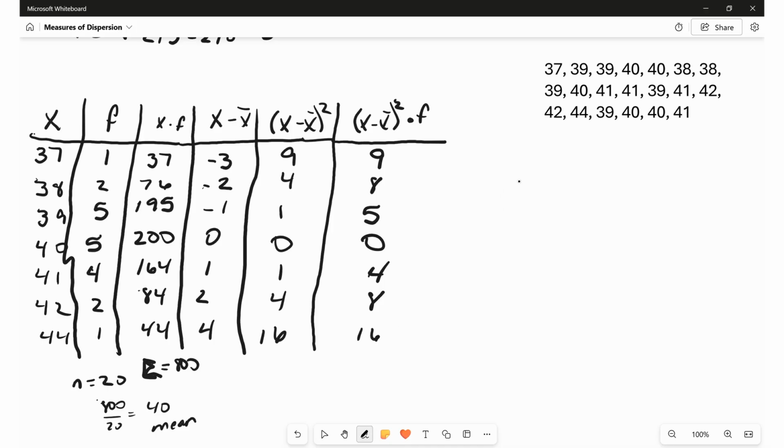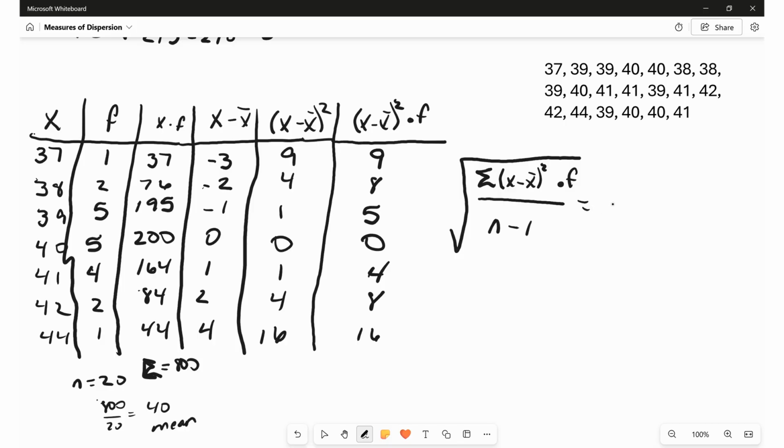Now, if you recall, our formula for standard deviation is the square root of our sum of the deviation squared. Since this is a frequency table, we multiply by our frequency, and we divide that by the number of values minus 1.